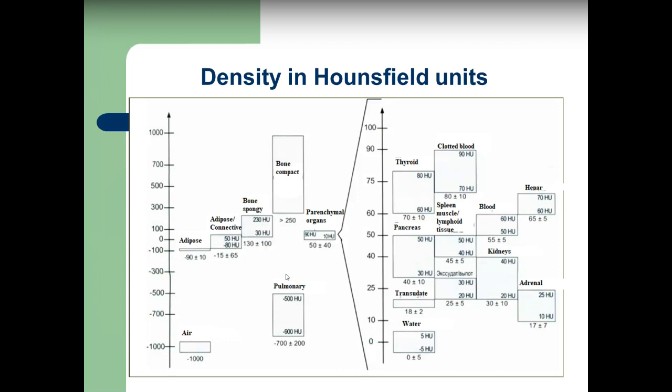So different tissues have their specific Hounsfield units. Compact bone has high density, but parenchymal organs have, I think, the same density, about 50 Hounsfield units.